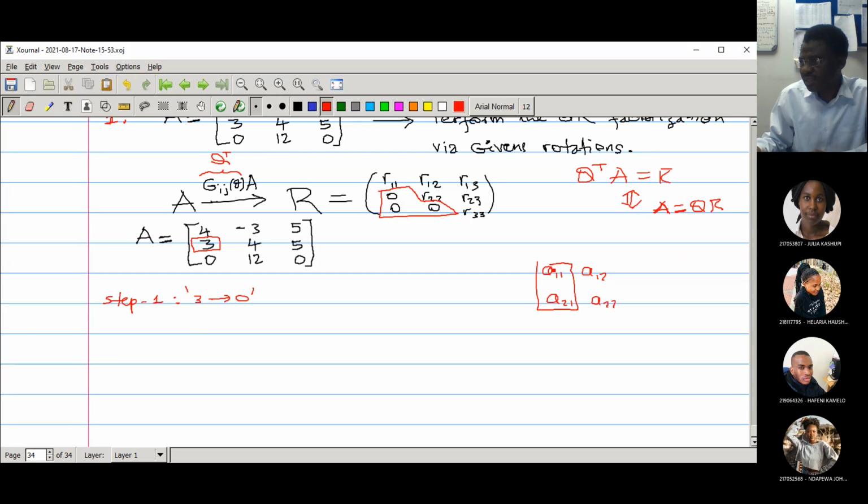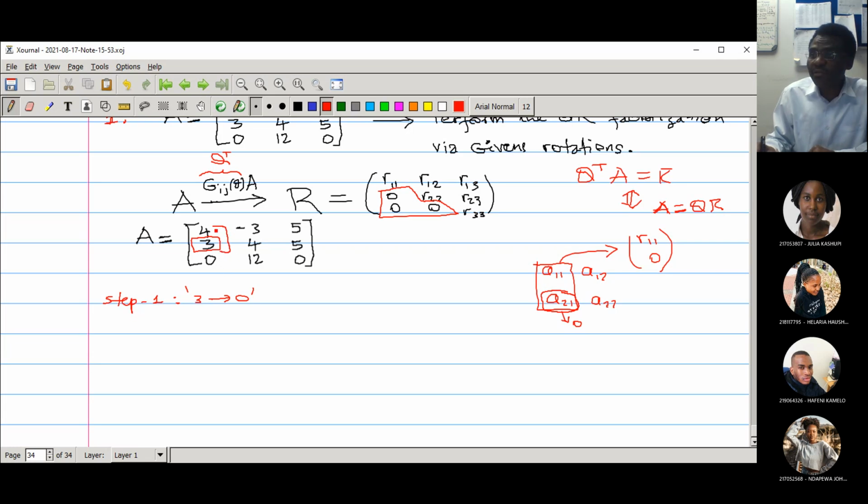We use this, which we transform into R11, 0. So when we perform our transformation, we have a vector in R2, and what we try to zero is the second entry of the vector. You see that this is transformed into that. So what has been zeroed is the second entry. So we will do exactly the same thing here because we want to zero this entry, which is the second entry of this vector.